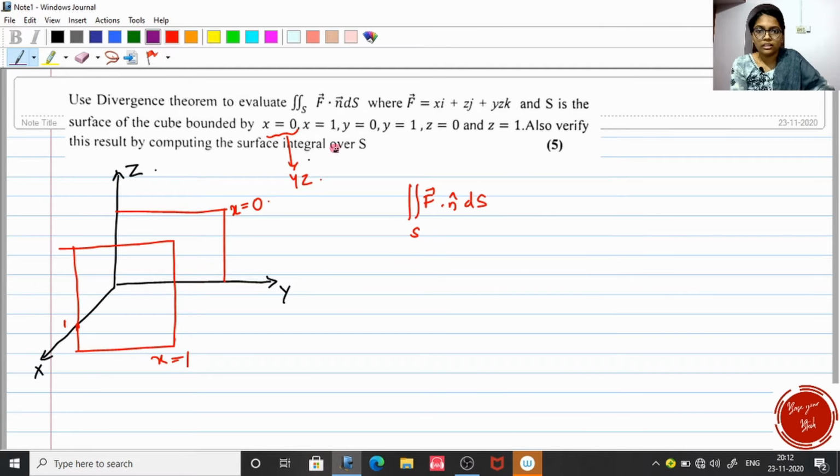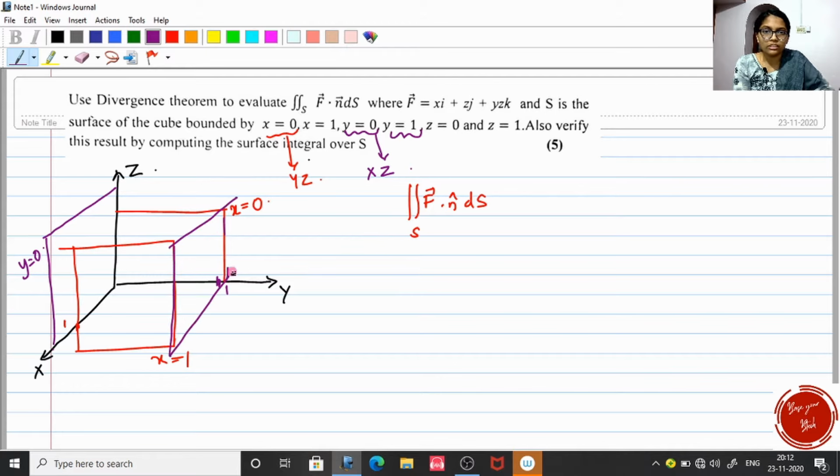Now y equal to 0 means it is the xz plane, which means this plane. This is your y equal to 0, and y equal to 1 is the plane which is parallel to the xz plane and which also crosses this y equal to 1. So this becomes your y equal to 1 plane.